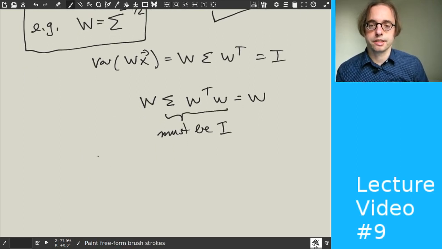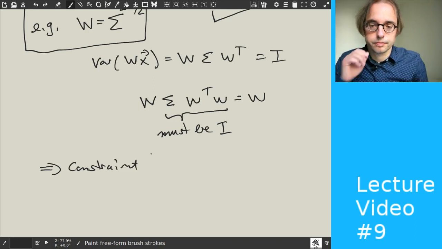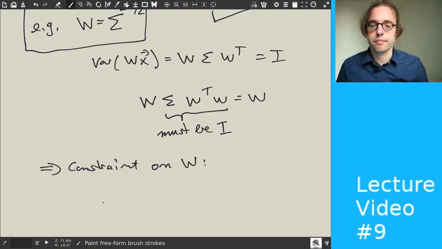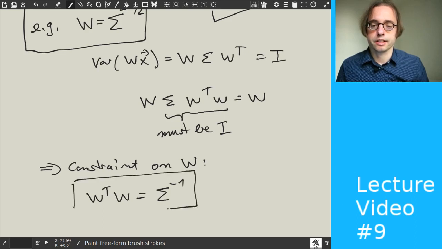So we have as a constraint on the whitening matrix the following condition, namely that the whitening matrix transpose times the whitening matrix is equal to the inverse of the covariance matrix of X. So that's our constraint.